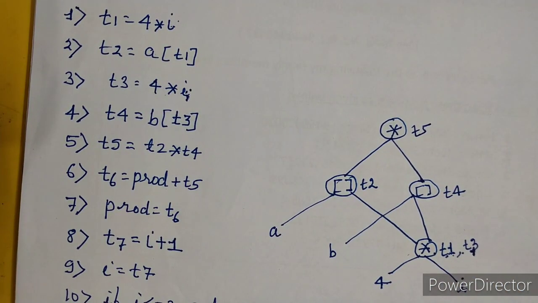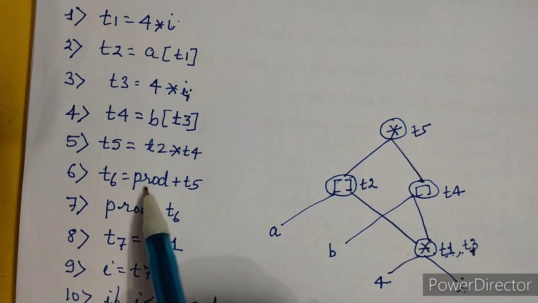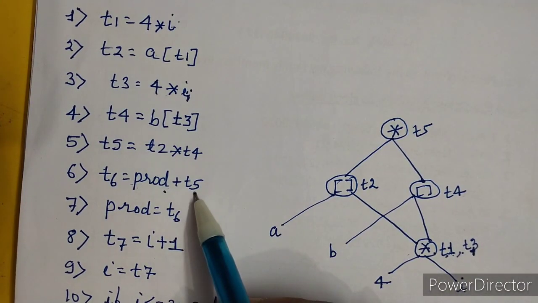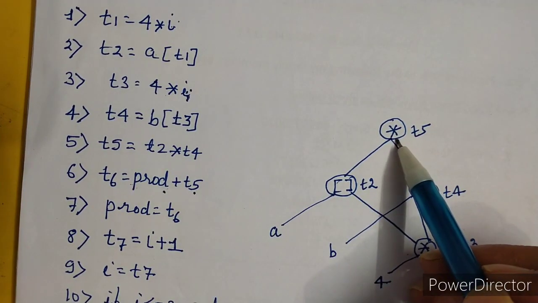Now come to statement number 6. We have to construct a node for the variable product, and the right side will be T5, which is already created.